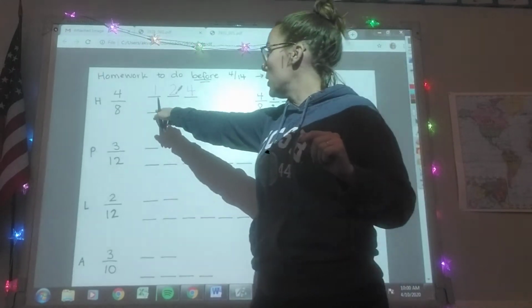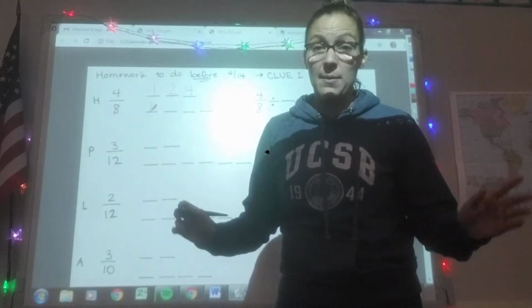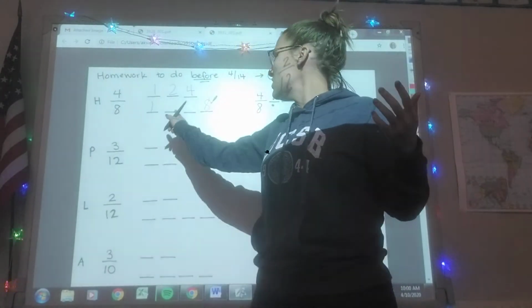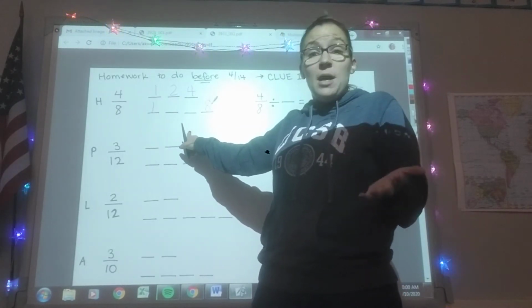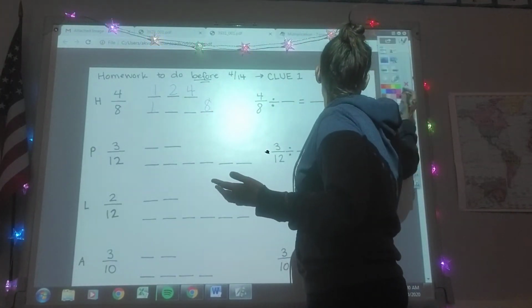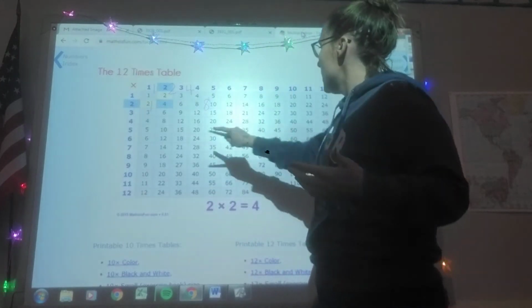Now, let's start with 8. Remember, 1 is always a factor, even for prime numbers. 1 is a factor and 8 is a factor. But now we need to figure out what are the other two numbers that can make 8. Maybe you know already, and that's great. But otherwise, you can always check your multiplication chart. So, let's take a look.